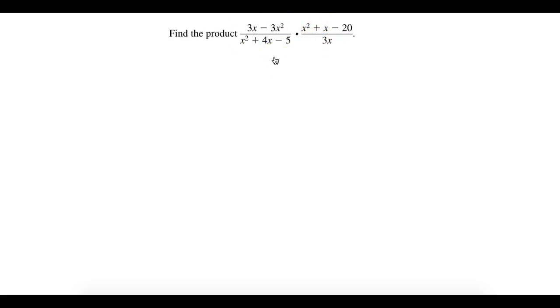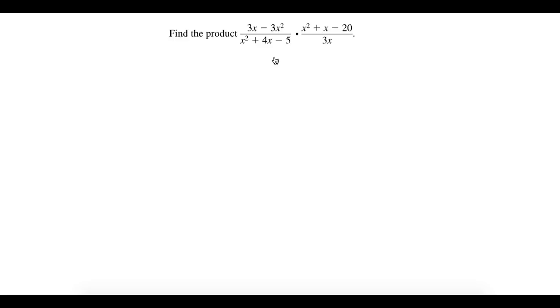So again, you want to think back to how you multiplied polynomials together. But when we do this, we're going to look at how we can simplify this so we don't have to multiply complex expressions together. We're going to see how we might be able to simplify them and do some cross-canceling before we actually do the multiplication.